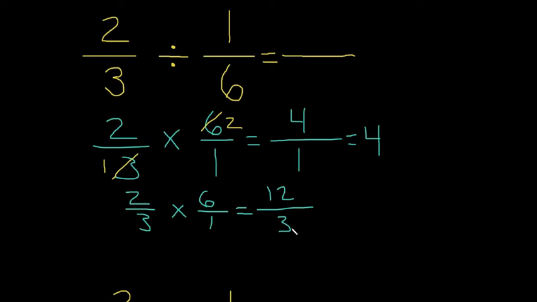Or how many times does 3 go into 12, which is the same thing as 12 divided by 3, which is 4. We can also say how many 3's go into 12? 4. How many 3's go into 3? 1. Either way, we end up with the same answer.